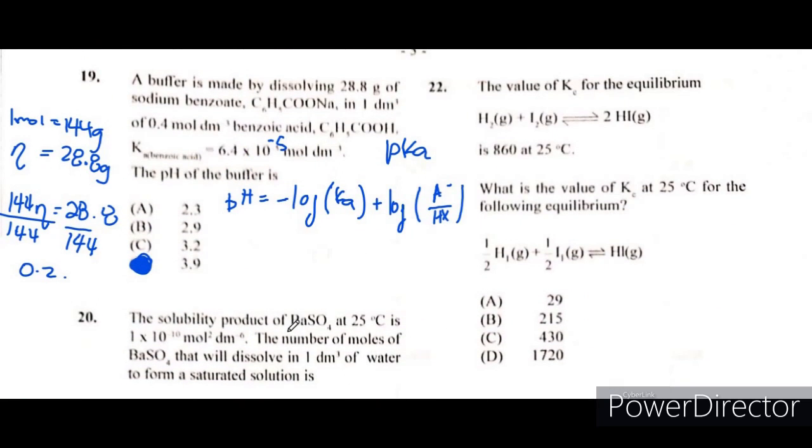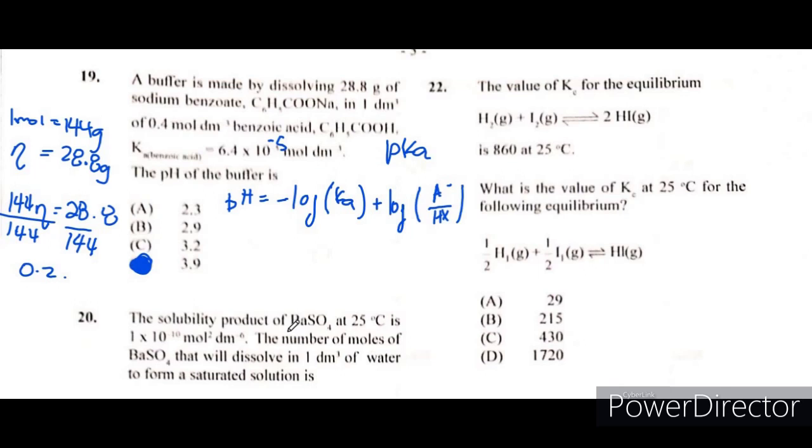Now 22: the value of Kc for the equilibrium of hydrogen gas and iodine gas forming 2HI gas is 860. That's what Kc is at 25 degrees Celsius. It asks what is the value of Kc at 25 degrees Celsius for the following equilibrium, where everything is halved.